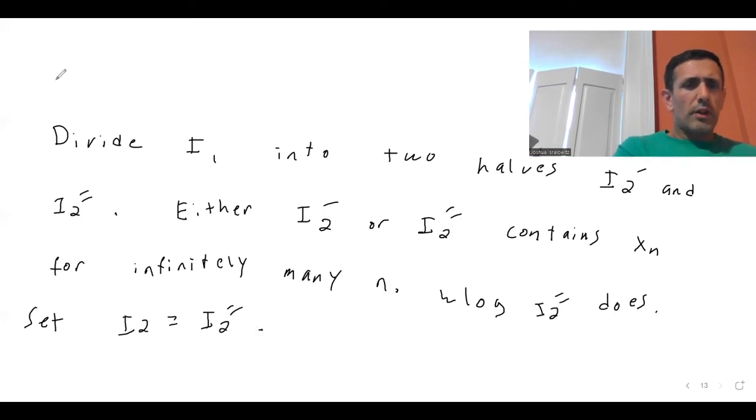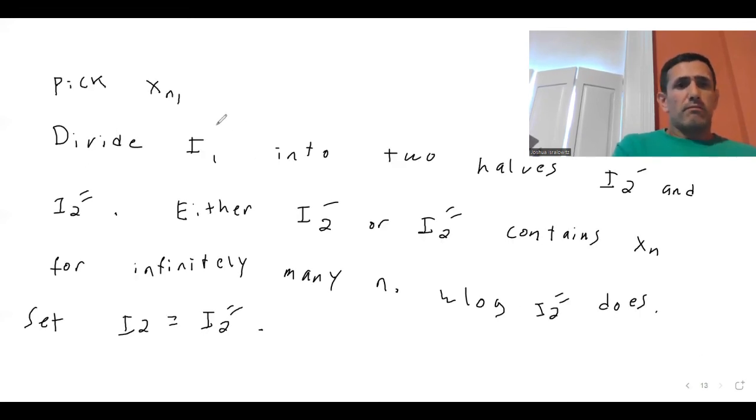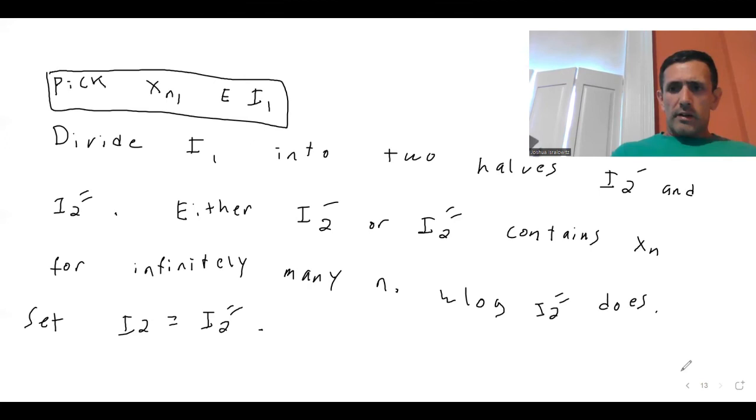So I forgot to do one thing here. I1 contains xn for infinitely many n, so let's pick any one of those elements. We don't care what the element is. Pick one of them. Okay, so let's continue on.